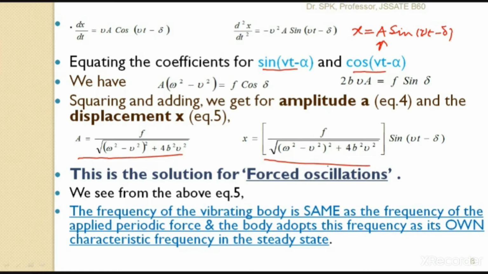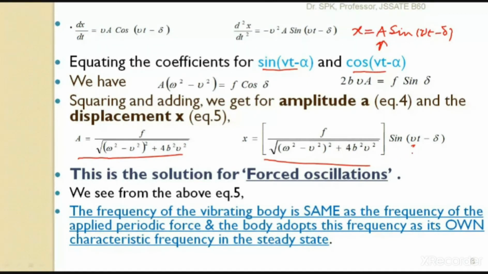We see from this expression that the frequency of the vibrating body is the same as the frequency of the periodic force. This is the frequency of the periodic force. So the frequency of the body and the frequency of the external periodic force become the same. It means that, to maintain the sustained oscillation, the body adopts the frequency of the external periodic force. It assumes it as if it is its own characteristic frequency.